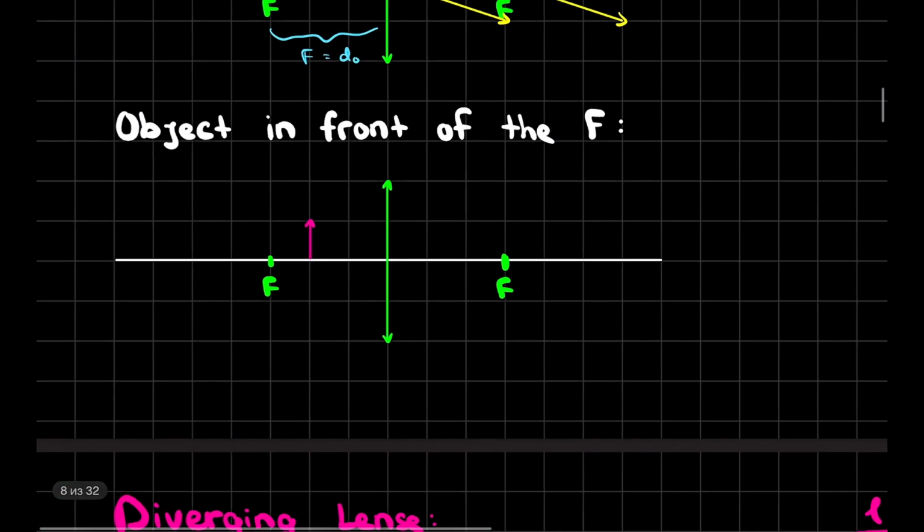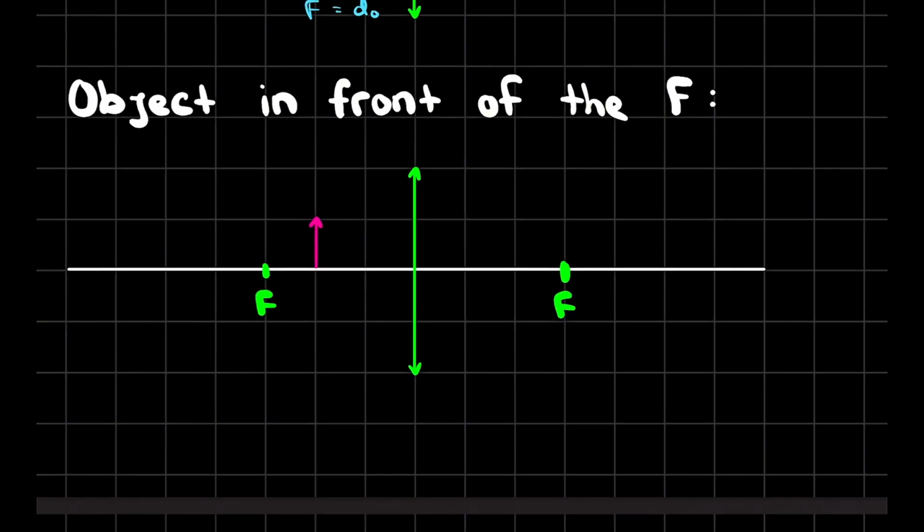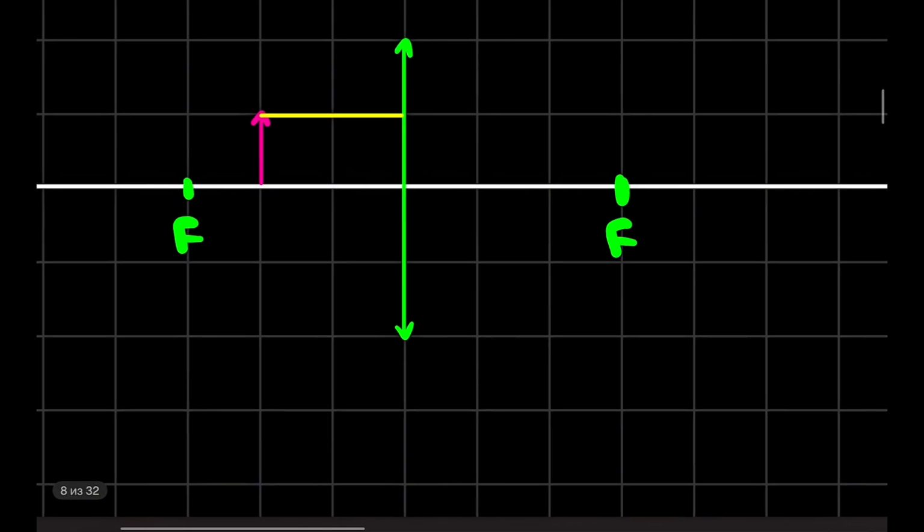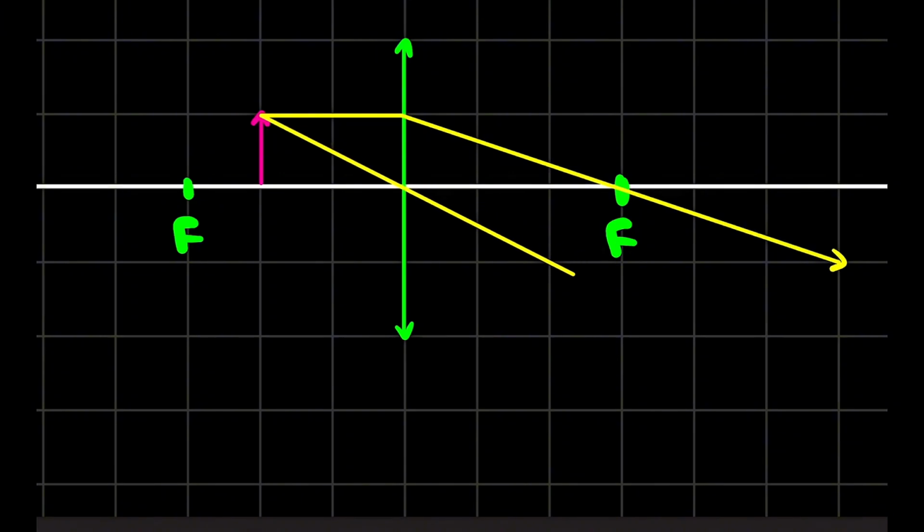Good. What would happen if we put the object in front of the f, if it stands between those two? Okay, let's continue. The first principle, light goes in like this. Then it passes through the focal point like this. And the line which goes from the center does not bend. Maybe like this. To the focal point straight, we could draw it, but this would be enough for us.